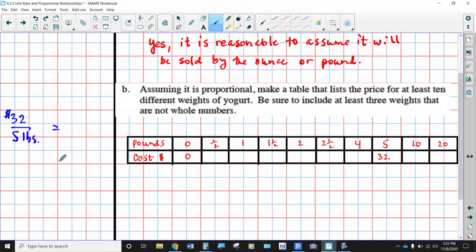And what you should do is decide, maybe let's just go ahead and figure out what the unit rate would be. So the unit rate is going to be the price for 1 pound. So remember how when you have the unit rate, you just divide these two numbers. So take a calculator or take a little time to figure out what is 32 divided by 5. Once you figure out what that is, you're going to write this answer in here. And then you can use that answer to figure out this number and this number.